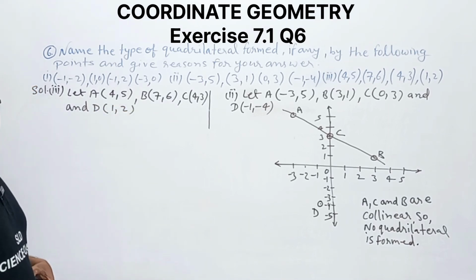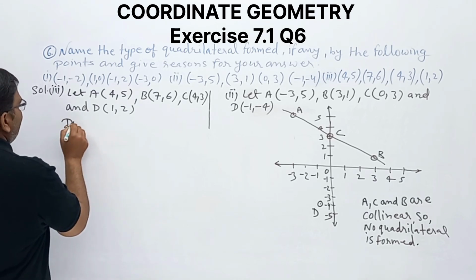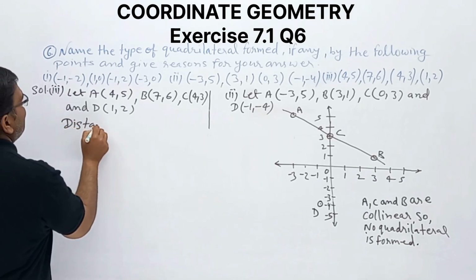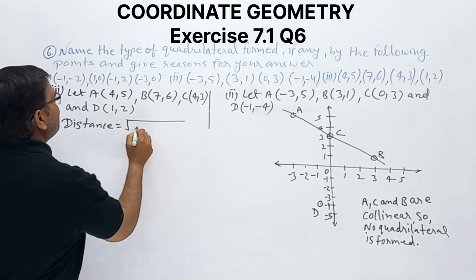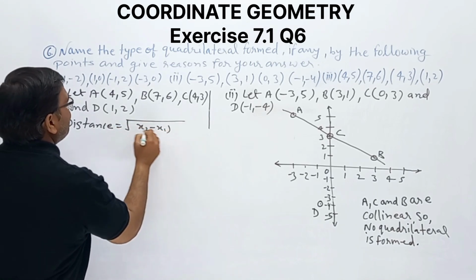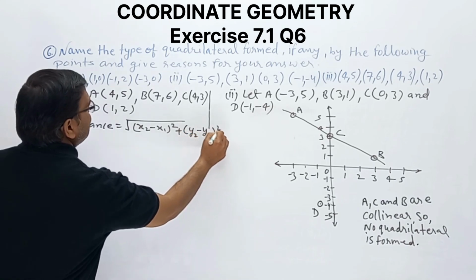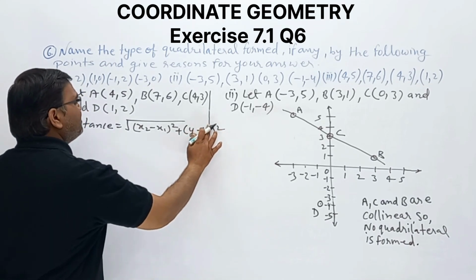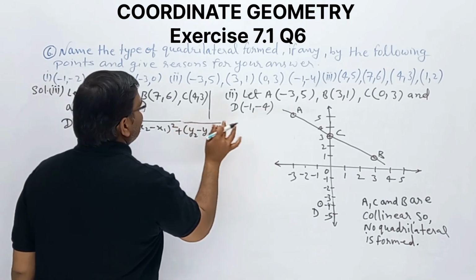We want to find what sort of quadrilateral is formed by using these points. So again we will use the distance formula, the square root of (x2 minus x1) whole square plus (y2 minus y1) whole square. Clear?